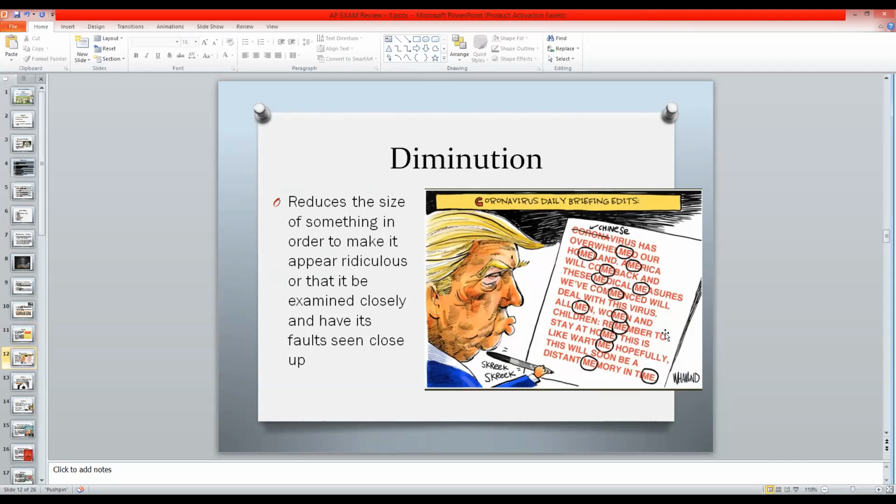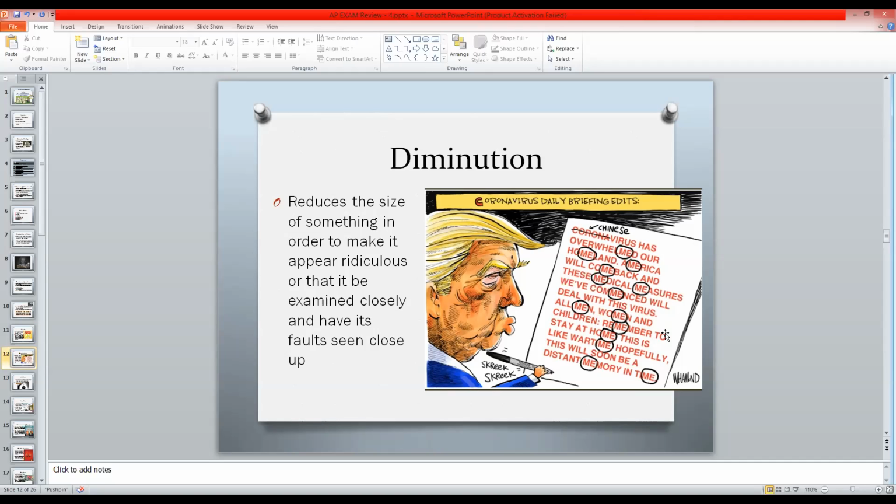Diminution is kind of a fun one. It's kind of like understatement basically, and it reduces the size of something to make it look ridiculous or for us to examine its faults up close. So in this case, we have this very big pandemic happening right here, but we have a leader who is more concerned about himself. The picture here has him basically circling all the me's in this memo regarding a speech on COVID-19, but he's supposed to be the leader.